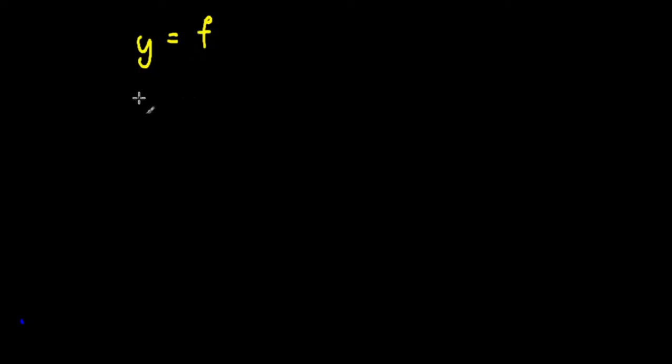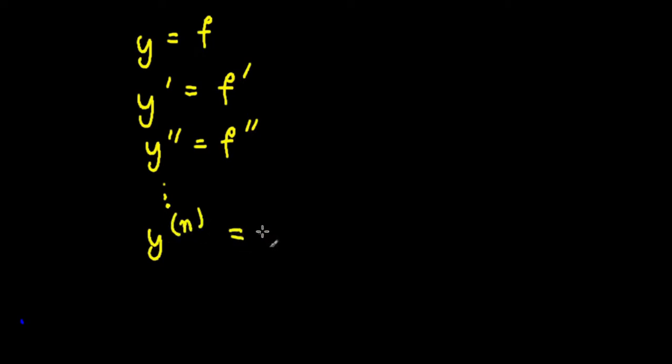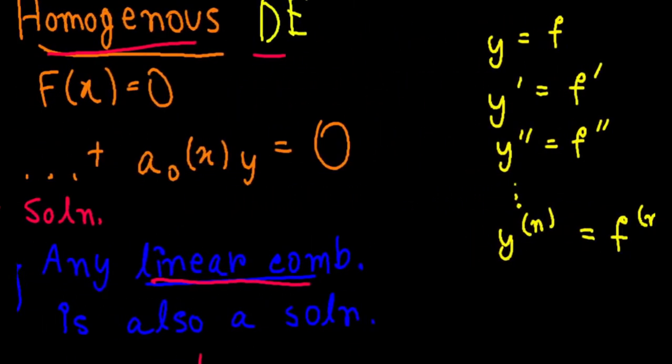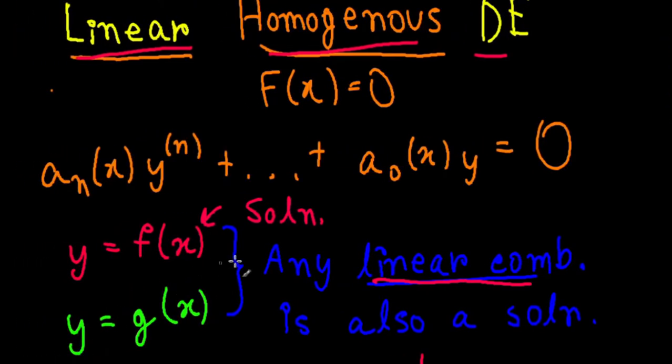So this is y, y prime, the first derivative, is obviously going to be f prime, y double prime is obviously going to be f double prime. I think you see where this is going. The nth derivative of y is just the nth derivative of f.